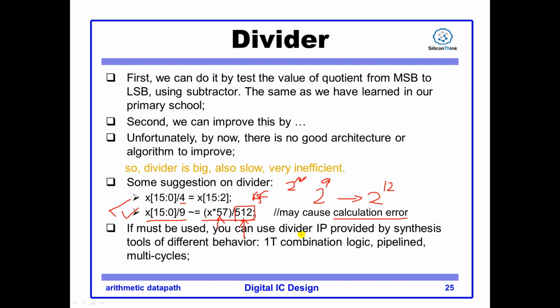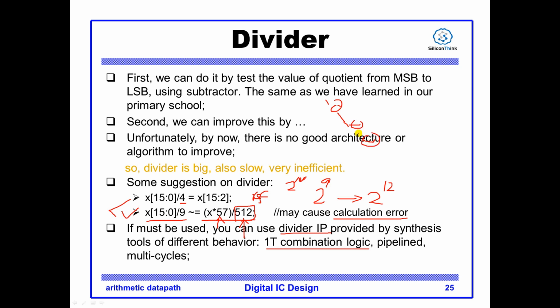So you can also choose to use the divider IP provided by Synthesis tool. They have different behaviors. Pure combinational logic is what I have shown before.